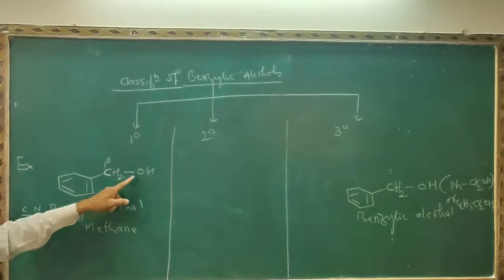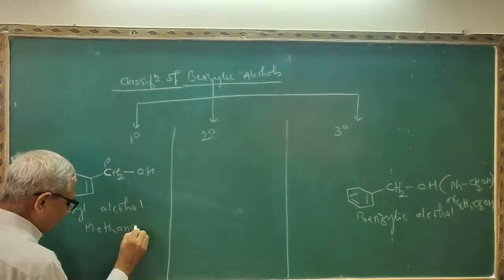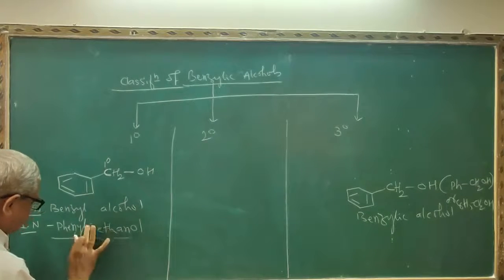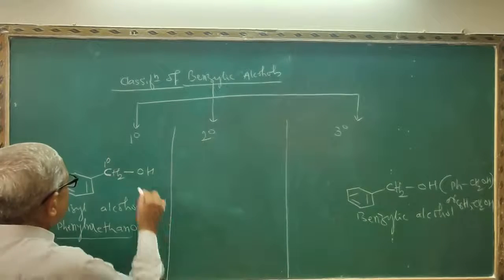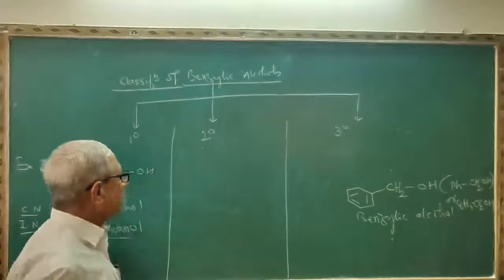In this case, the CH2 group is directly attached to the OH group, so replace the suffix E by OL. Therefore it is methanol. Now see, one of the hydrogen atoms is substituted by the phenyl group. Therefore, the IUPAC name of this compound is phenylmethanol.